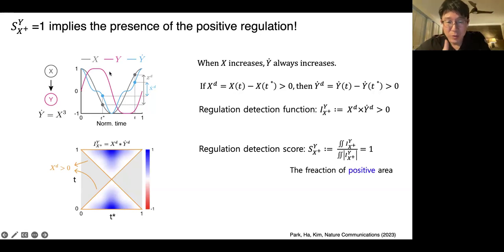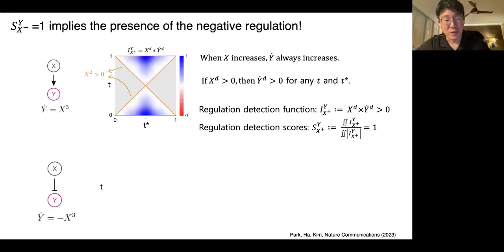Okay, so one more time. From just the time series data, which we can observe, we can draw this regulation detection function. Just by checking its positivity, we can tell whether there is a positive regulation from x to y or not, okay?